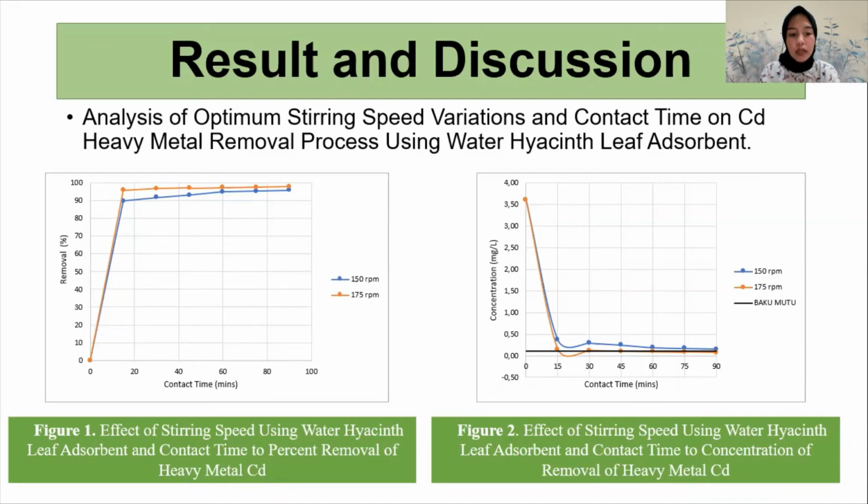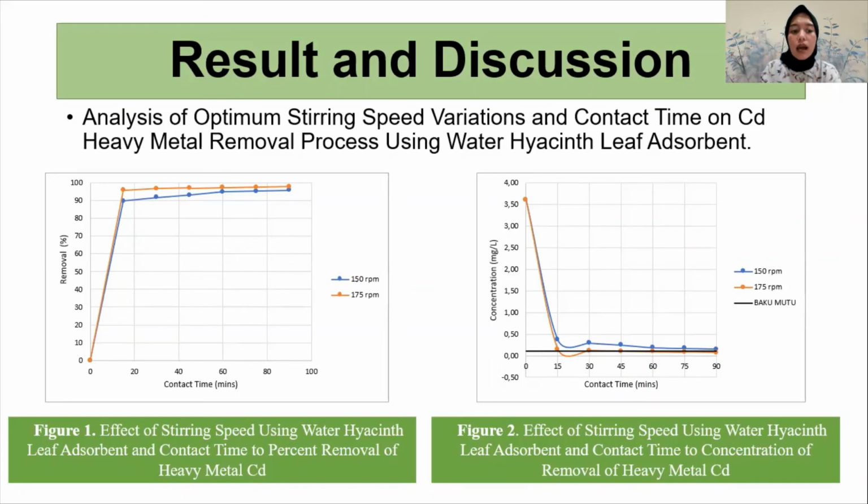Figure 2 shows that the concentration after adsorption decreases. This can be seen from the graph. The initial concentration was 3.61 milligram per liter. At a speed of 150 rpm for 90 minutes, a remaining concentration of 0.40 milligram was obtained, while at 175 rpm for 60 minutes, a remaining concentration of 0.095 was obtained.